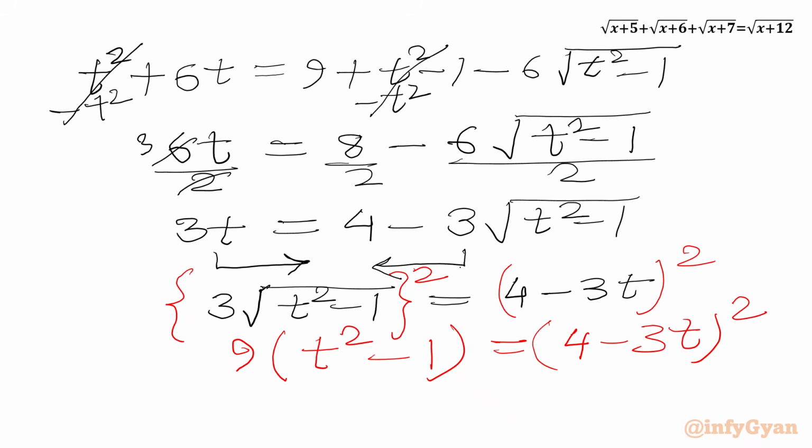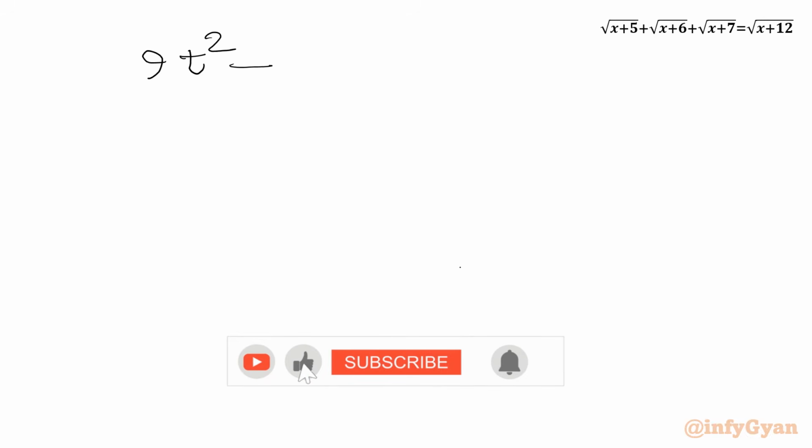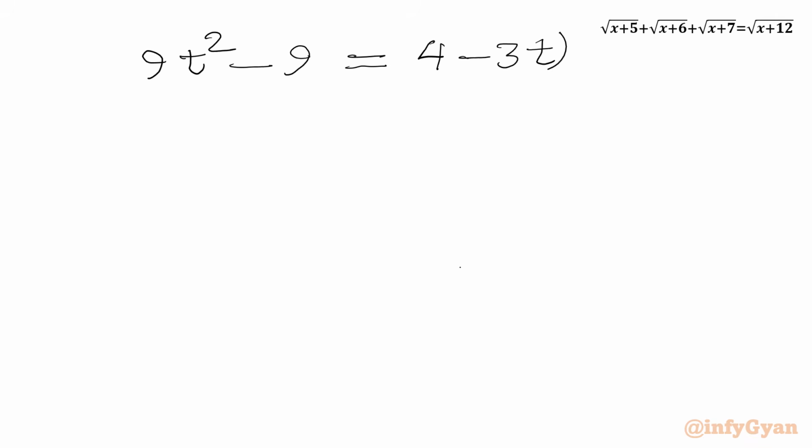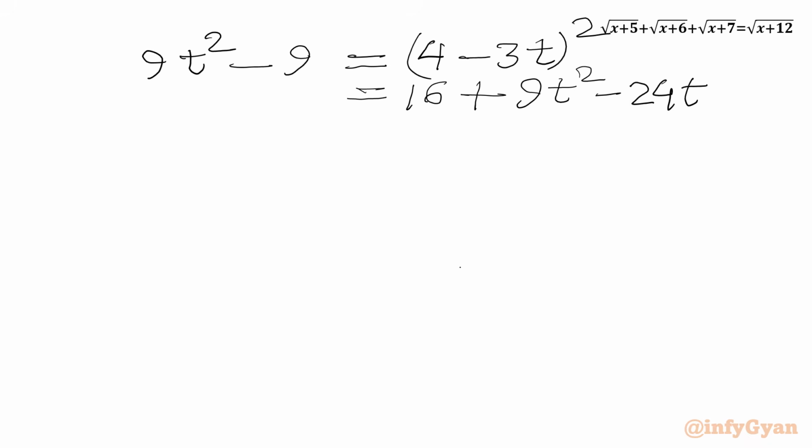Now we will simplify our LHS. 9t square minus 9. Let me write here 9t square minus 9, and in RHS there will be 4 minus 3t whole square. Let's expand RHS. We will get 16 plus 3t whole square is 9t square, 4 times 3 times 2, 24 times t.